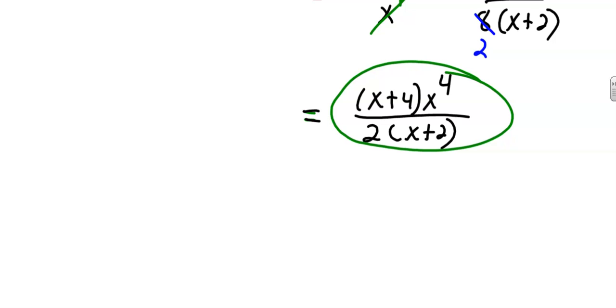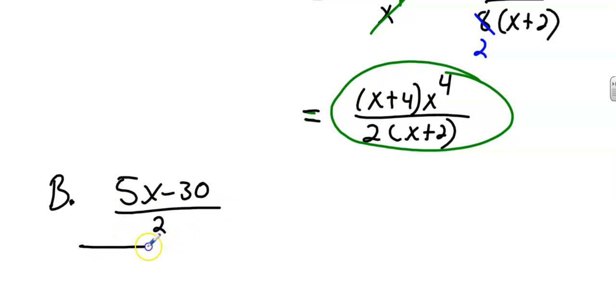All right, one more of those. Okay, and again, if you want to save a little bit of time, let's go ahead and do keep, change, flip, just right down the line.